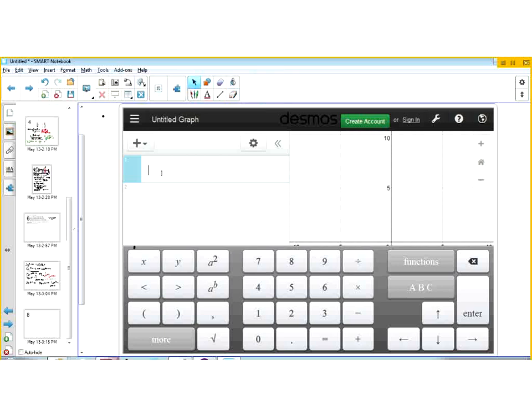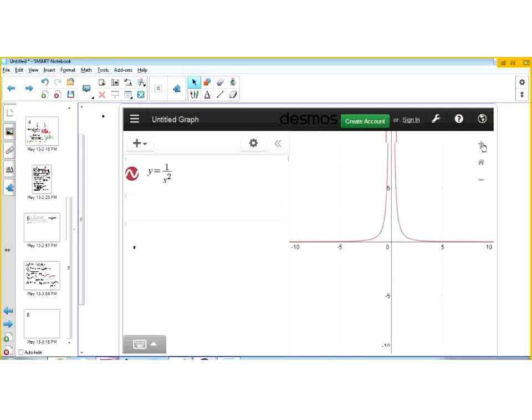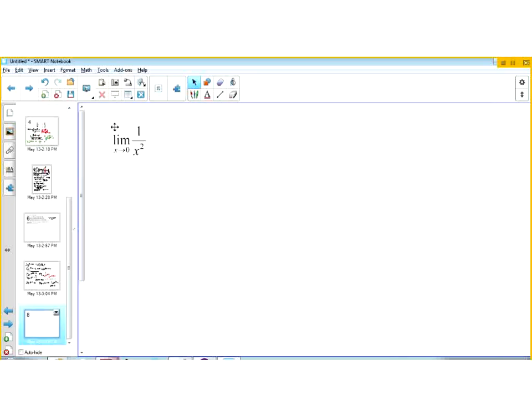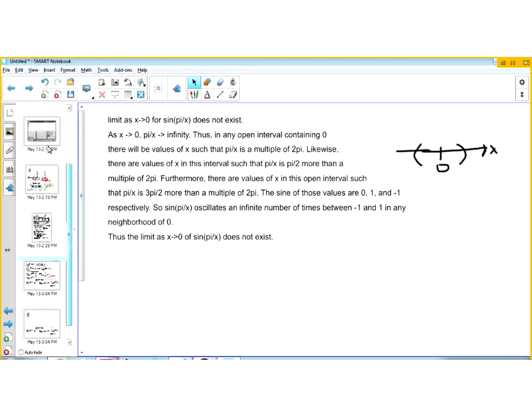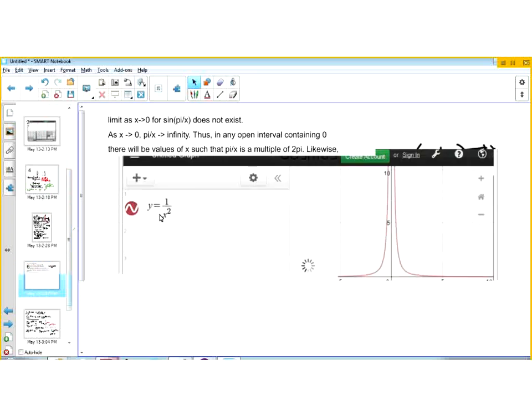And I want to graph the function y equals 1 over x squared, and it's shown in red here. And so the question is, what is the limit? Let me pull back the problem. Oops, when I do that, I probably lose my graph, don't I? Well, I'll pull it back. Where was it? What page was it on? This one, right?